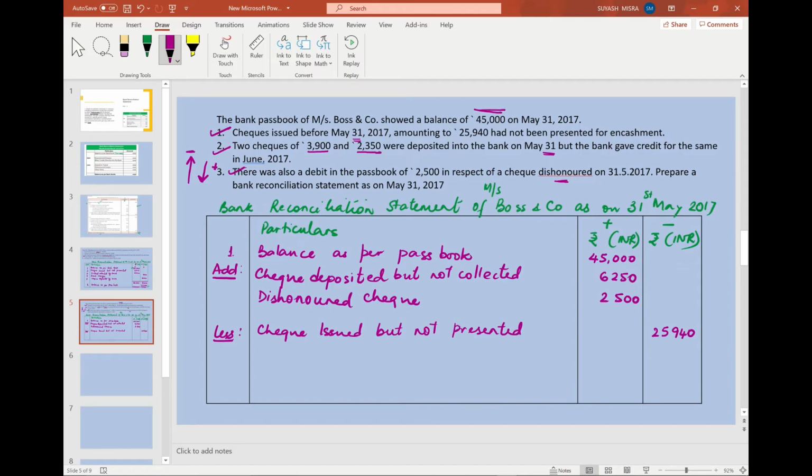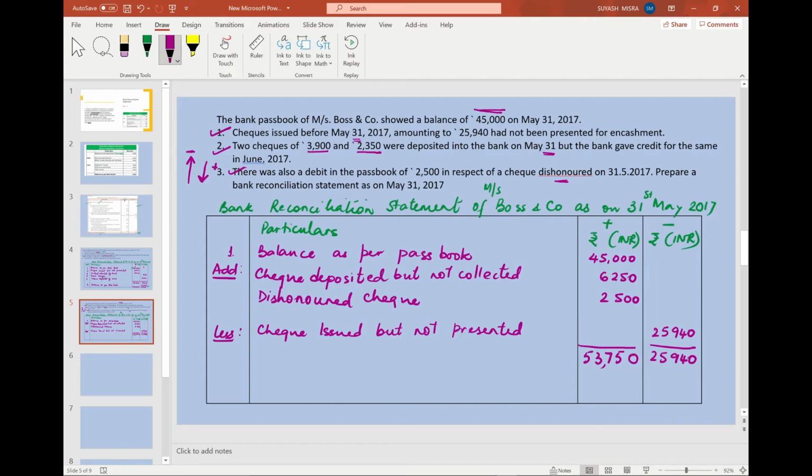Prepare a bank reconciliation statement. All right, now we are going to total it up. Let me total this. When I add it up, I get 53,750.